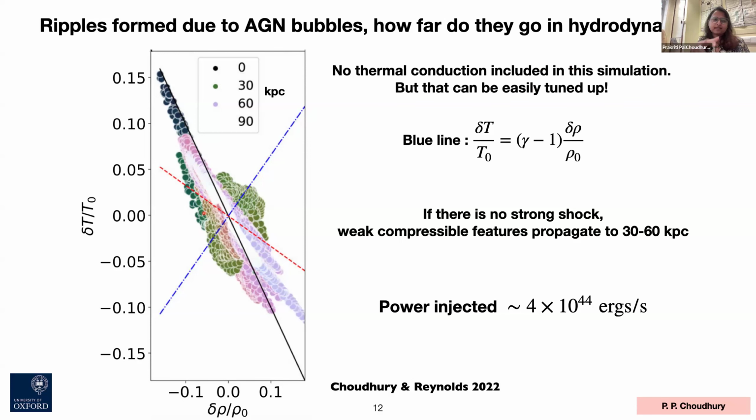We are dumping energy at the center, and we are trying to see when the fluctuations are more like sound waves. Just to point it out, this black line is isobaric fluctuations, and this blue line signifies the adiabatic fluctuations.